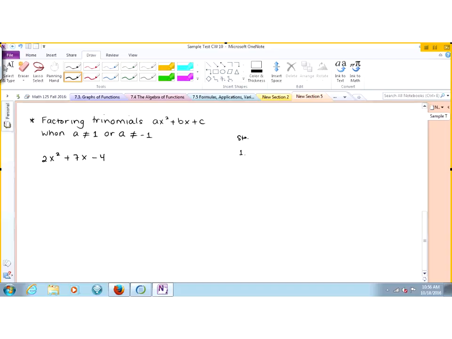So, what I do here is the first step, the setup. Of course, we factor out the greatest common factor first, right? So factoring ax squared plus bx plus c. Maybe I should just do it here.